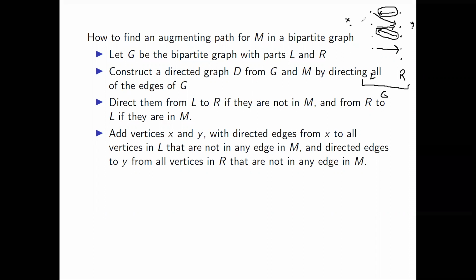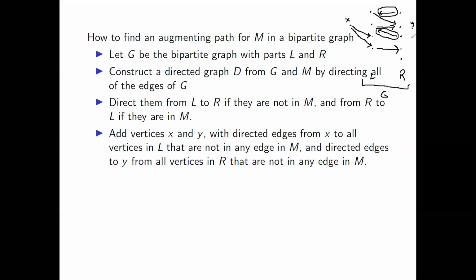That is an L. So we're only going to have edges from X to vertices of L. And we can look at this first vertex of L up here. That one is in an edge in the matching. So there's no edge from X to that. Same with this one. That one's also in an edge in the matching. So no edge from X to that. We do put an edge from X to this one. This one's not in any edge in the matching. And same with this one down here. That's not in any edge in the matching. So we put an edge from X to that.